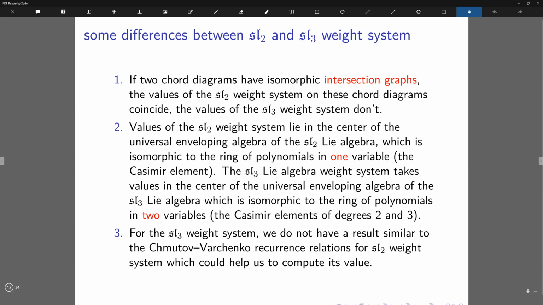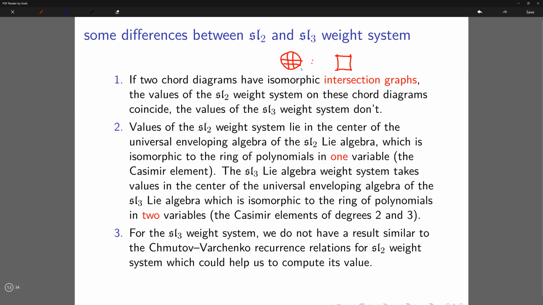The vertex set of the intersection graph is just the set of chords, and two vertices are connected if and only if the two chords cross each other. I can give you an example. The chord diagram looks like this, so the intersection graph is just 4 vertices like this.